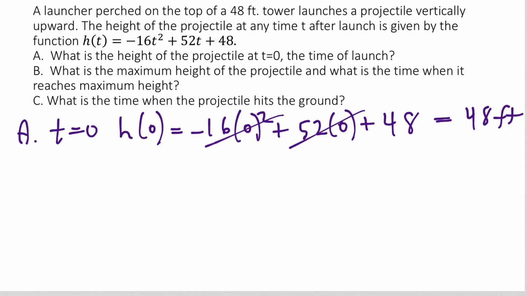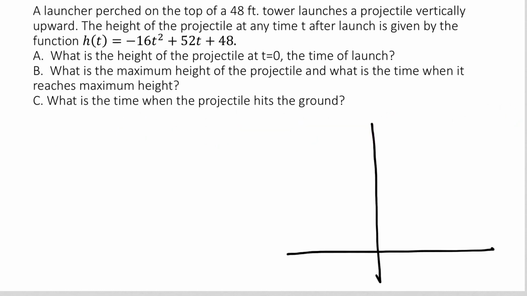Question B says, what is the maximum height of the projectile and what is the time when it reaches its maximum height? So I'll make a little sketch here. If it starts out at 48 feet, it's going to fly through the air vertically upward. Then it's going to turn around at some point because of gravity and fall to the ground, like a missile launch, or throwing a ball up in the air.